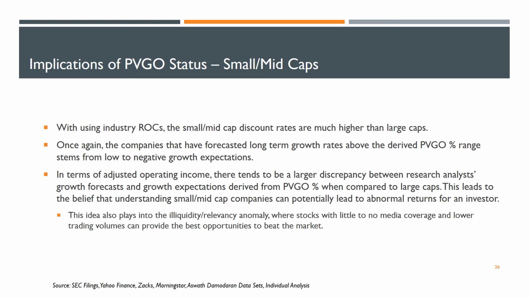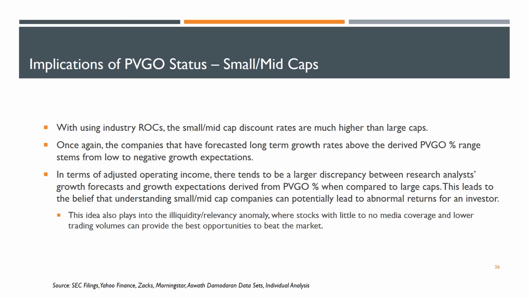This is the whole goal. Look for the companies that don't necessarily have the growth baked in. In terms of adjusted operating income, there tends to be a large discrepancy between research analysts' growth forecasts and growth expectations derived from PVGO percentage when compared to large caps. This leads to the belief that understanding small to mid cap companies can potentially lead to abnormal returns for an investor.